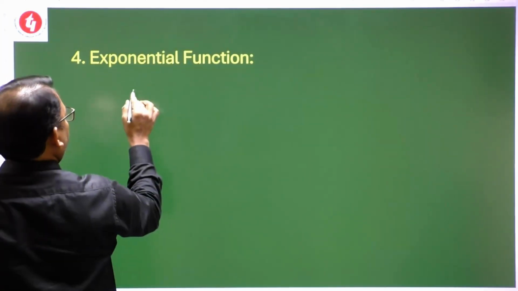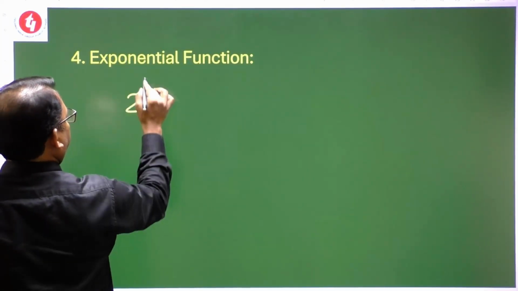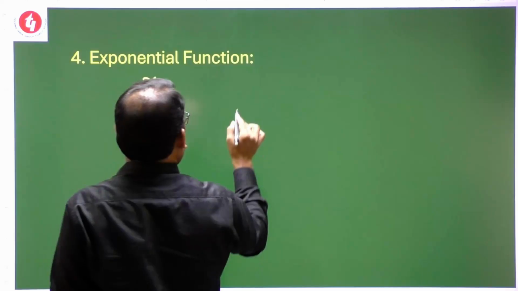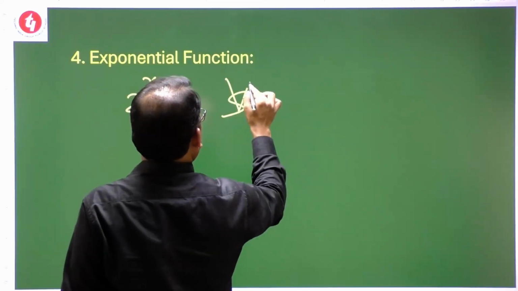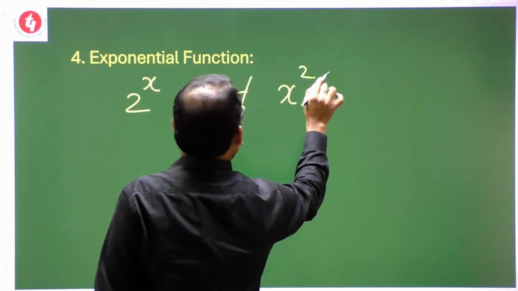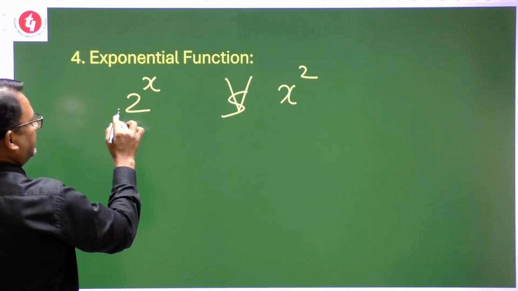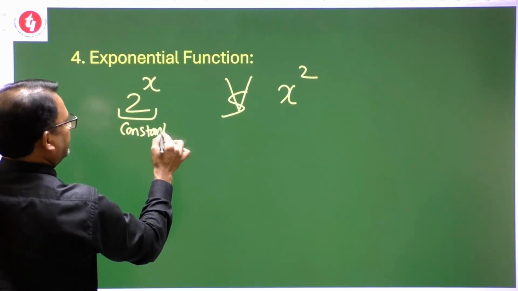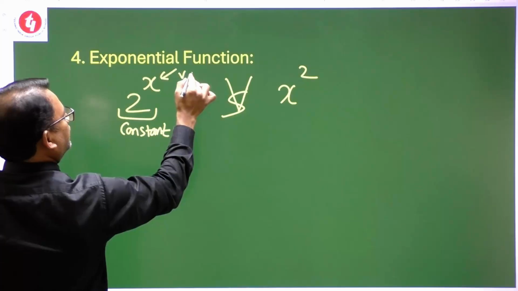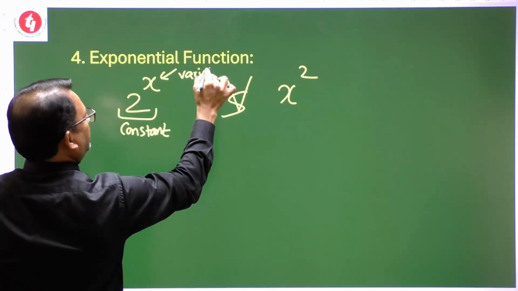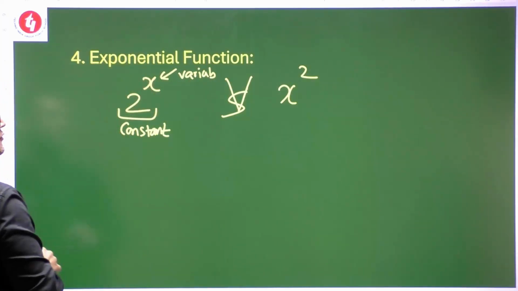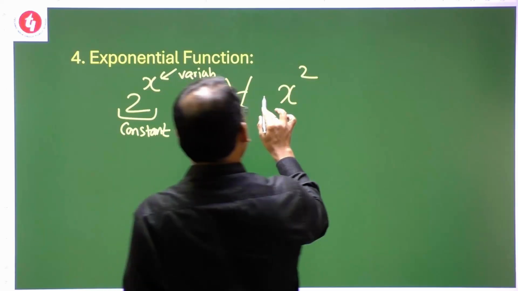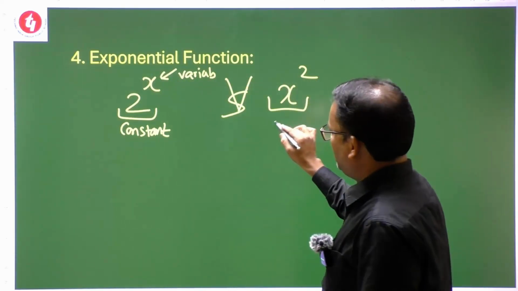Coming to the exponential function. Be careful: if I take 2 power x versus x power 2, what are you noticing? In one it is a constant and the other is the variable. When you have this type of thing, it is called an exponential function, where the base is a constant and the exponent is the variable.